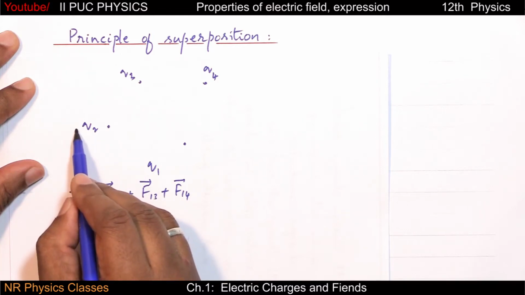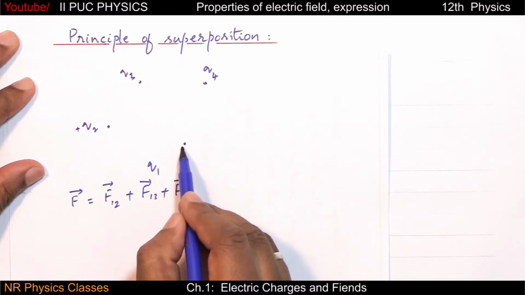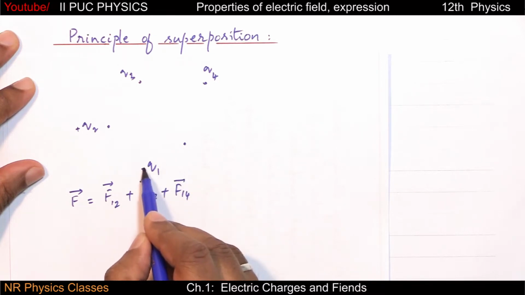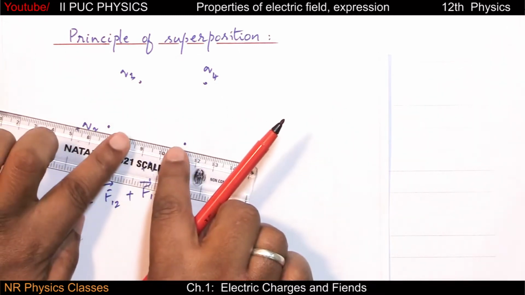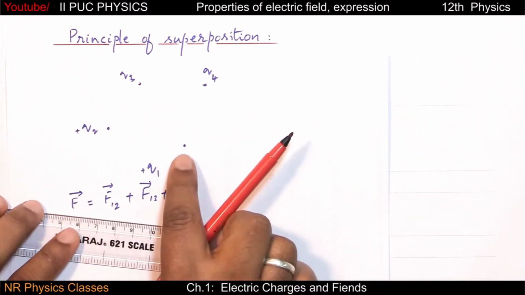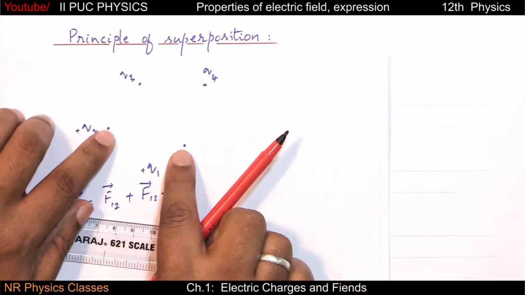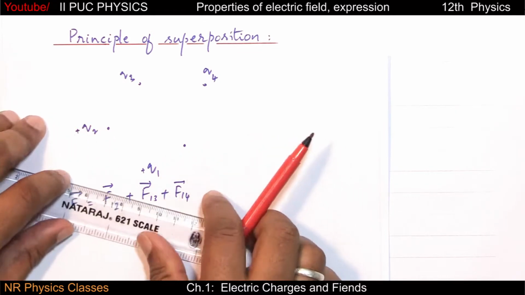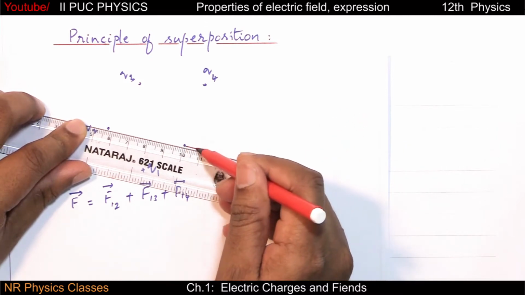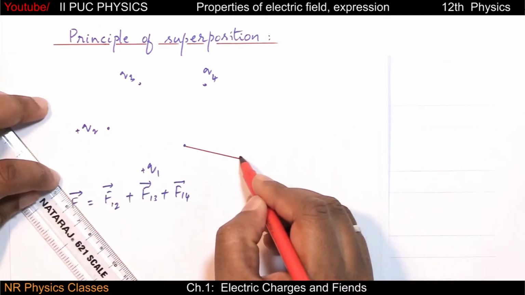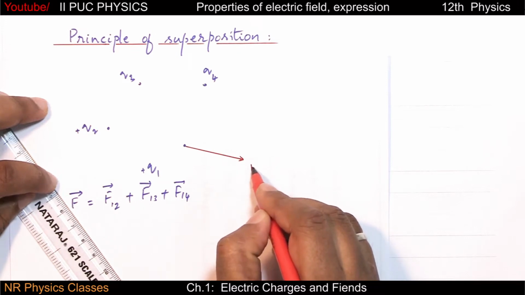Suppose Q2 is positive and Q1 is also positive, then there is repulsion between these two. Repulsion means like this. You have to concentrate on Q1. So force on Q1 due to Q2 is this, along the line joining the charges.